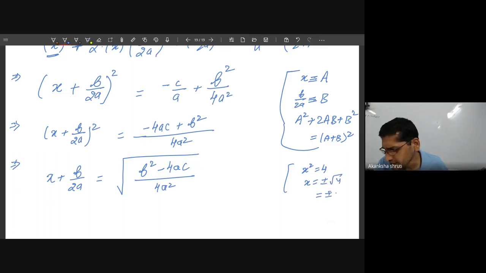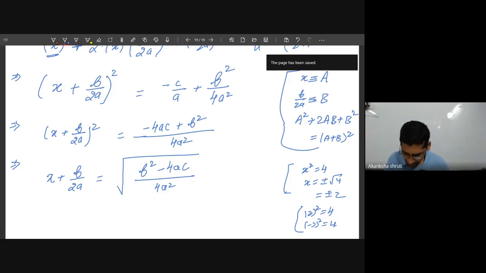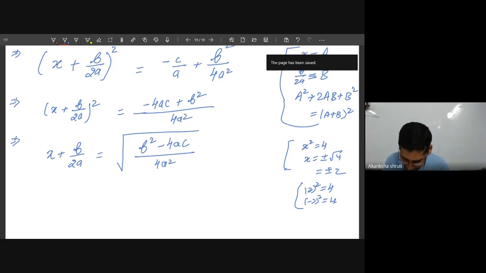This is plus minus 2. I have explained this many times. Why? Because 2 square is also 4 and minus 2 square is also 4. So while converting the square into a square root, you have to use the plus sign as well as the minus sign. Is it okay?